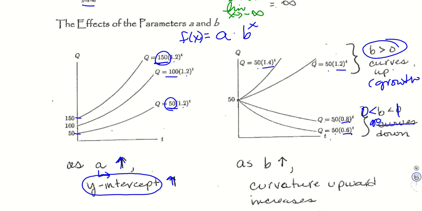In general, as b increases, the curvature upwards increases, so you'll notice that the steepest curve has the highest b value, and the most shallow curve has the lowest b value. As b increases, the curvature increases.